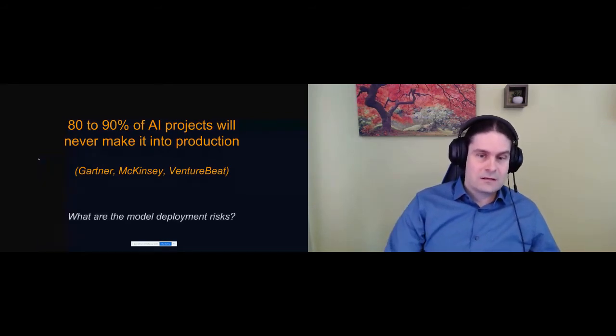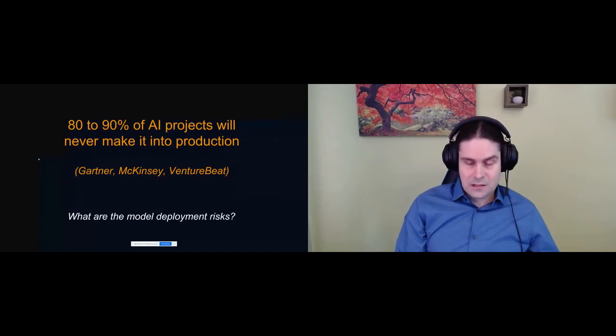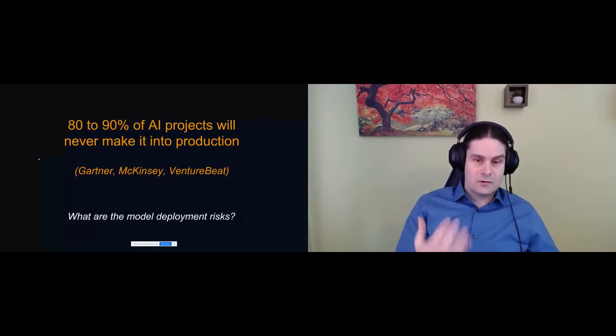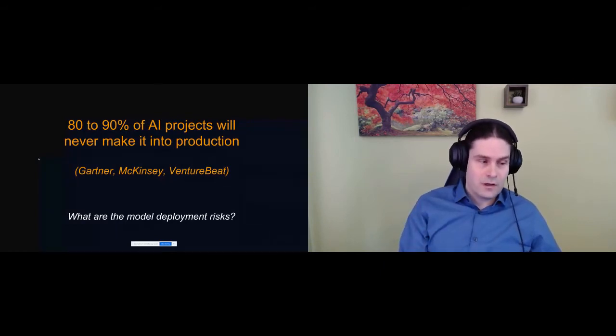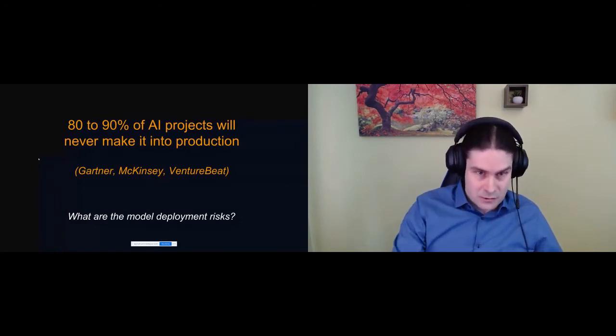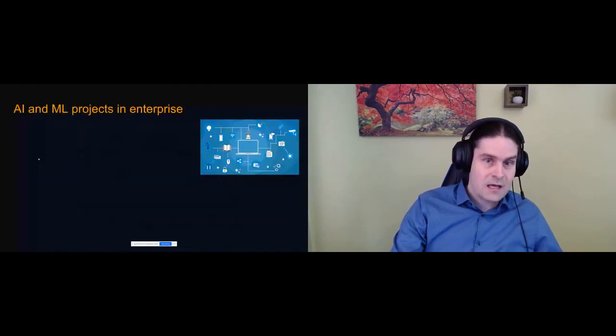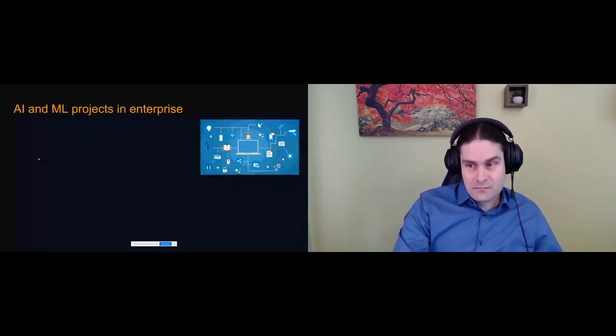And it turns out that in enterprise, it's not only about the data, but about getting the buy-in of all the stakeholders and being able to show that your models will be working well in production. And also, like I said, it's really about the deployment risk, being able to assess this. There are many things involved in AI projects in enterprise, so I'll be covering some of these. And this is based on basically our experience working with companies.